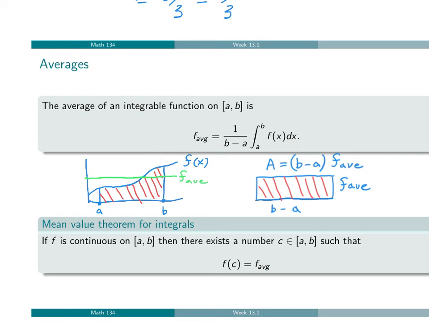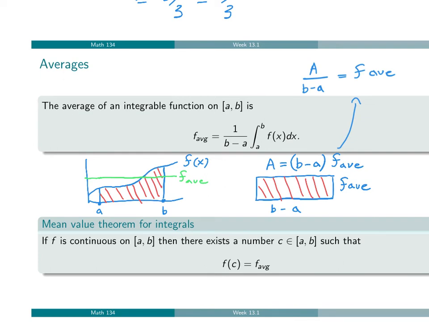Now, if we take this equation and divide both sides by B minus A, we would have the area divided by B minus A is equal to F av.